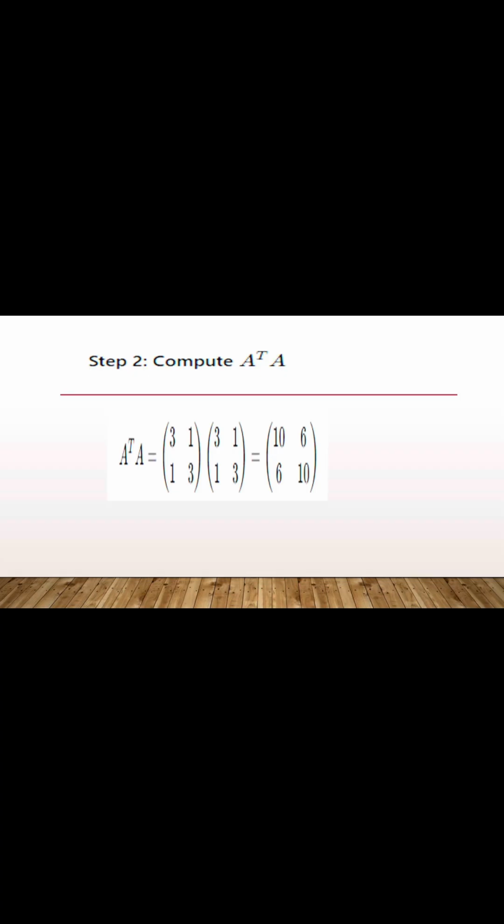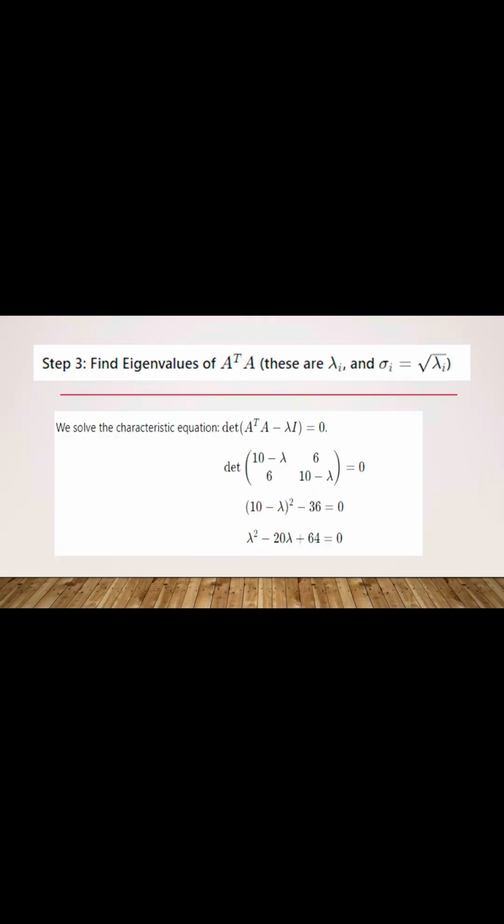Doing the matrix multiplication gives us this result: 10, 6 by 6, 10. We need this matrix because its eigenvalues and eigenvectors will directly give us the next parts of the puzzle. Now we find the eigenvalues of A transpose A. We do this by setting up the characteristic equation.